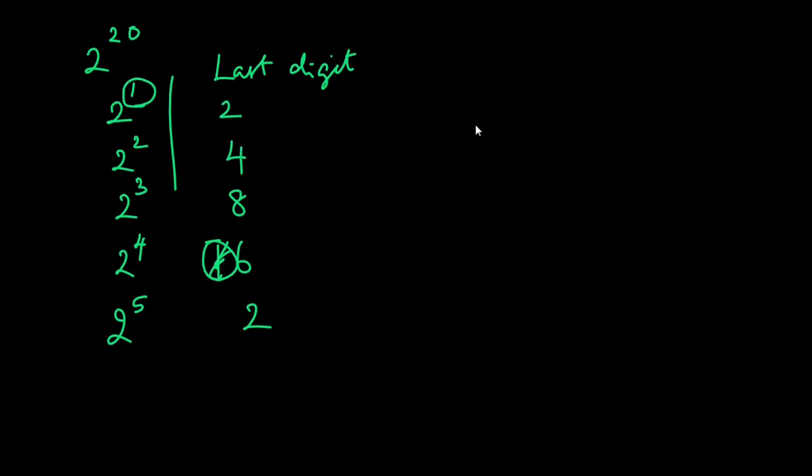So if we have any power, 2 power n, if we are able to divide n by 4, we will get 6.